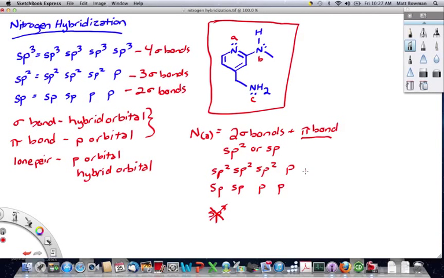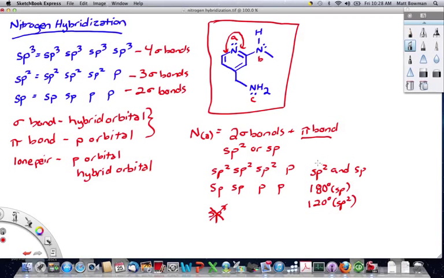When we're trying to decide between sp2 and sp, we have to think about the geometry of that. Is the angle around that nitrogen going to be 180 degrees, in which case it'd be sp, or is it more 120 degrees, in which case it's sp2?